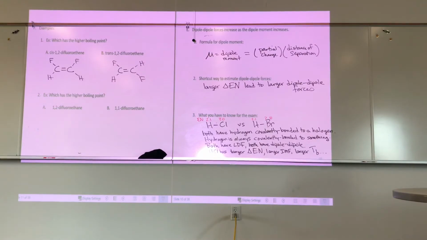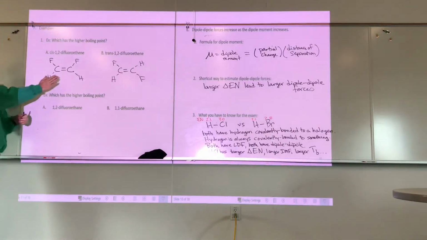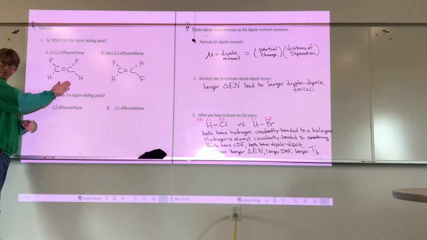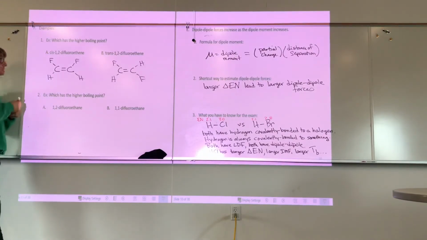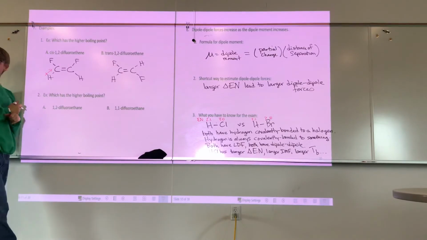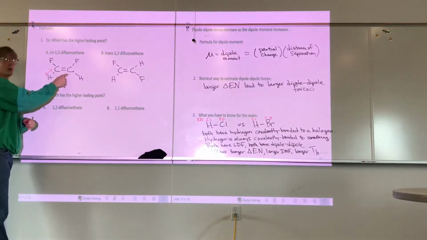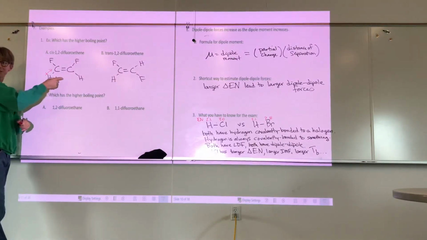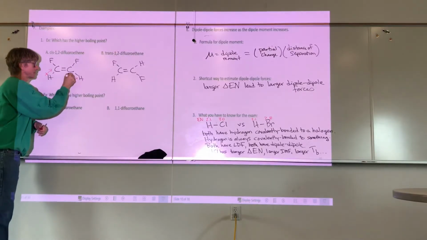Because I know this is still all new, but our process for determining polarity is draw it in its correct shape. From there, draw dipole arrows for each bond. Note that you don't have to draw one for the carbon-carbon bond, because those have the same 2 atoms.